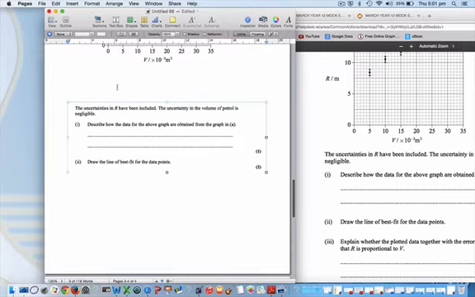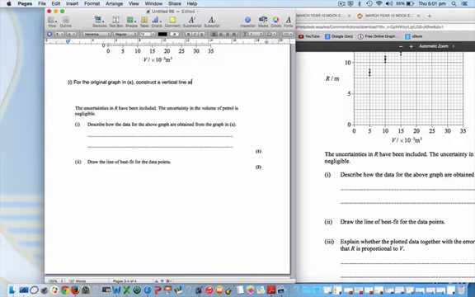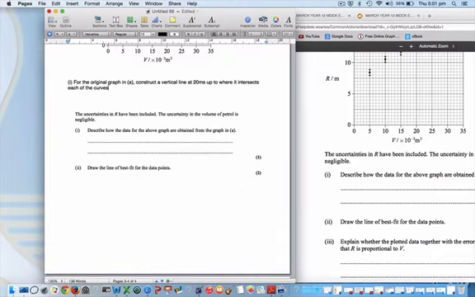So answering this first part here, just above the question, I might say, for the original graph in A, construct a vertical line at 20 milliseconds up to where it intersects each of the curves and read off the relevant R value to construct this new graph.